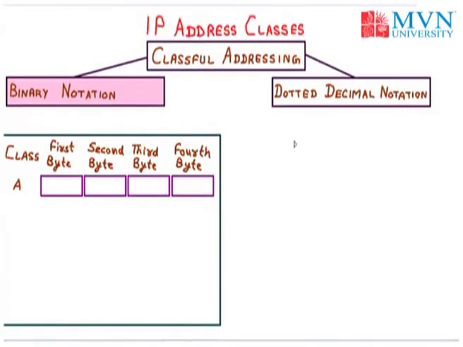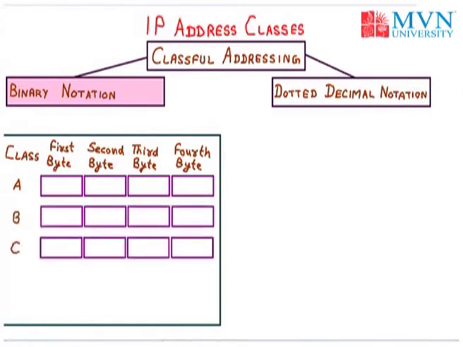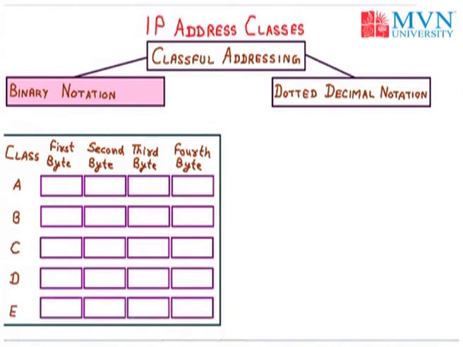The next one is my class B, next is class C, next class D, and lastly we have class E. These are the 5 classes, A, B, C, D and E, in which we have divided our IPv4 addressing. As we are discussing binary notation, we deal with 0 and 1.